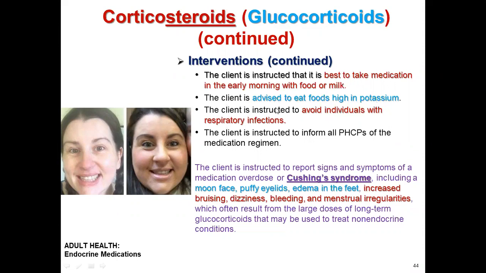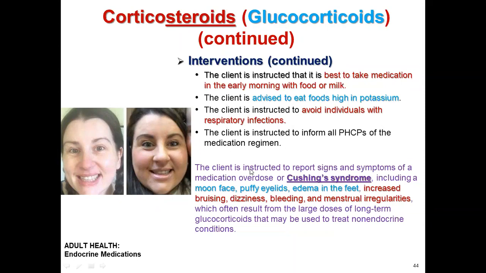The client is instructed to avoid individuals with respiratory infection. Why? Because those who use steroids for a long time have a chance to develop immunocompromise, so they easily catch infections. Better to avoid public places. Also, the client is instructed to inform the healthcare provider of the medication regimen.